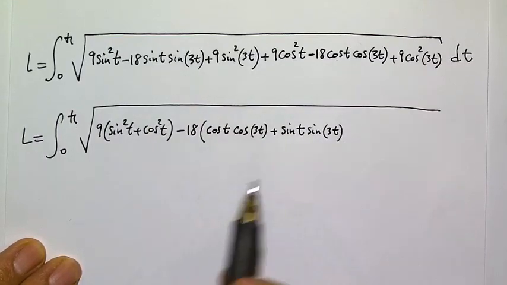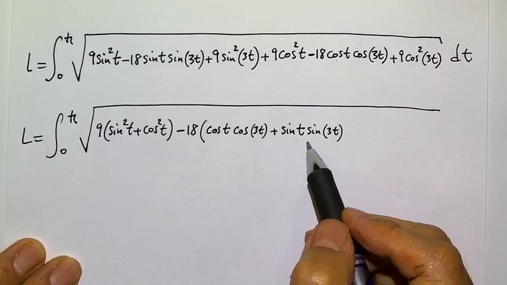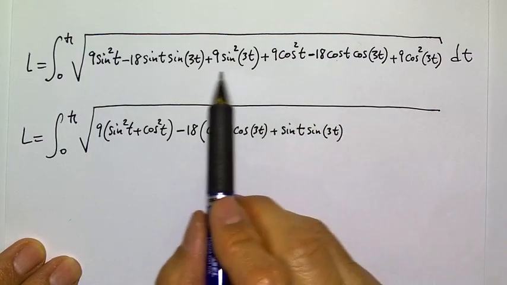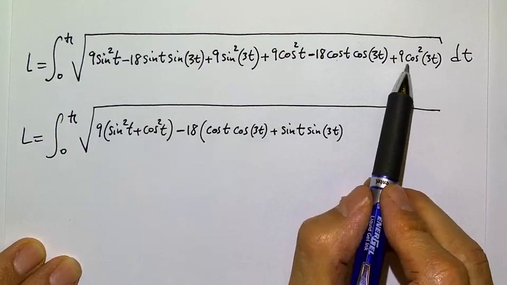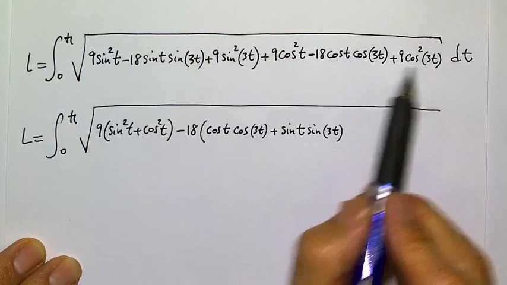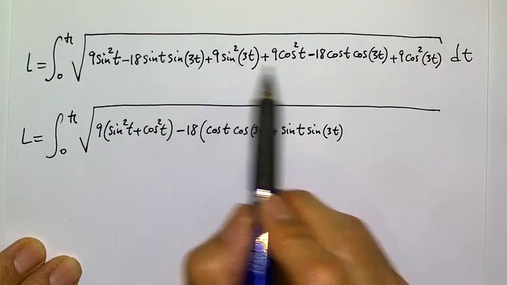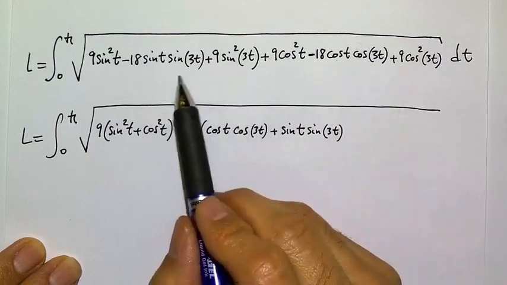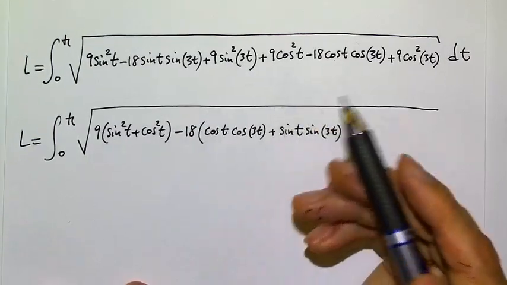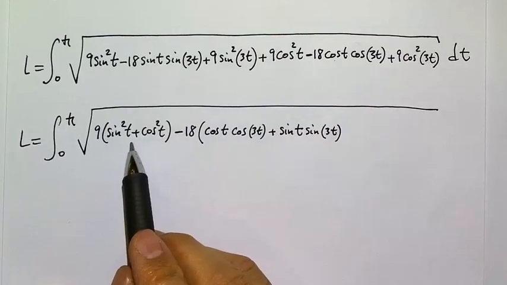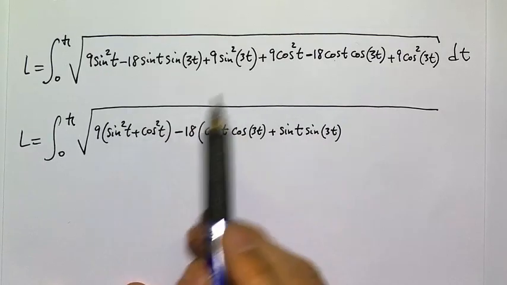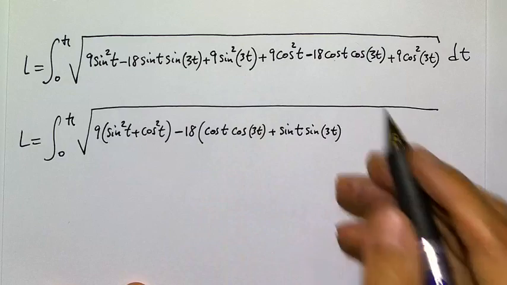Sine of 3t, right? And then we had 9 cosine squared 3t and 9 sine squared 3t as the only two remaining terms. We can factor these out again and write them just like that, with the exception that this time instead of t we have 3t.